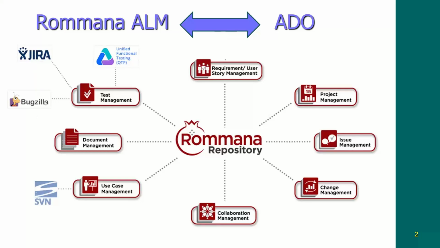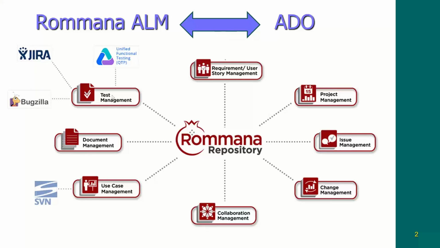And the same kind of integration is happening with Bugzilla as well. We only did these two integrations because we had some customers of Rommana ALM who were already using Jira bug tracking or Bugzilla bug tracking. So they wanted to maintain their bug reports within these tools.